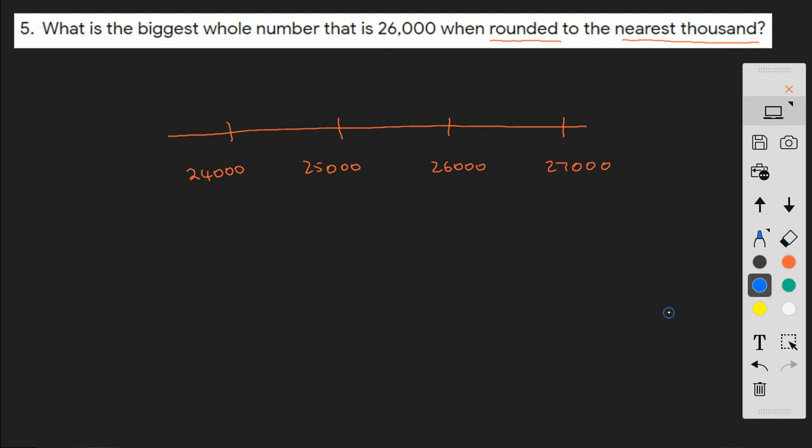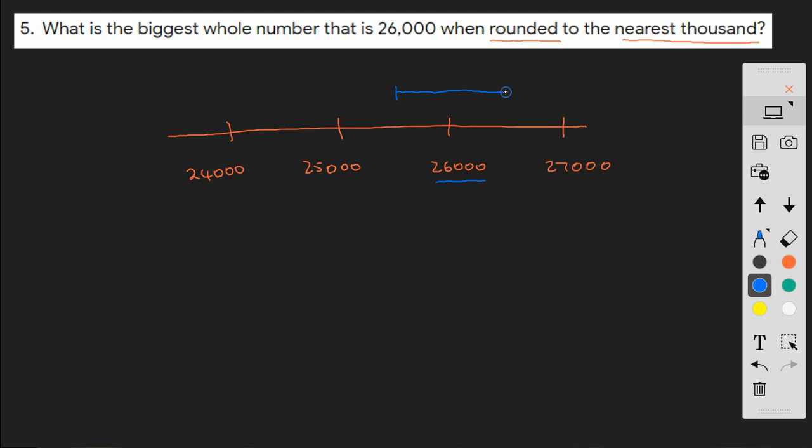So if we're after the number that is nearest 26,000, then as we go from 25,000 towards 26,000, at this point here, which is halfway, we're suddenly nearer to 26,000. So any numbers here are nearest 26,000.